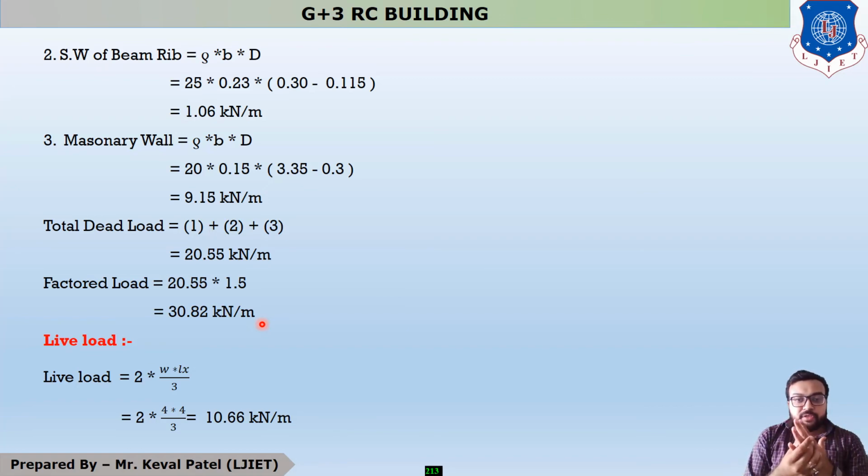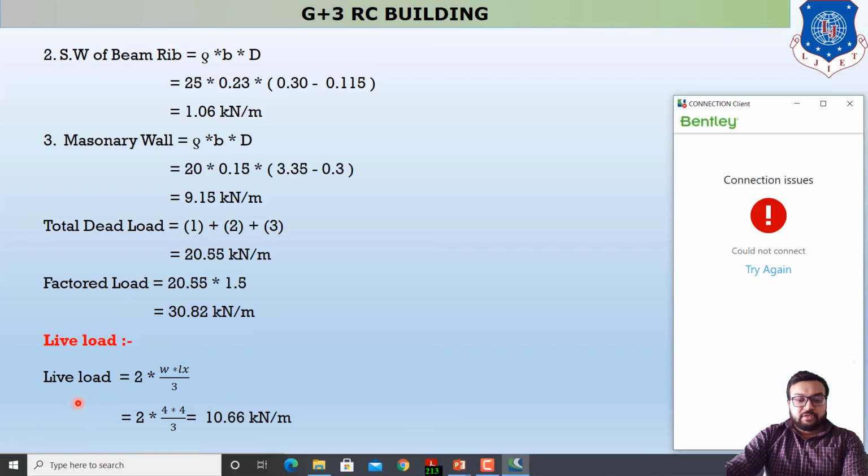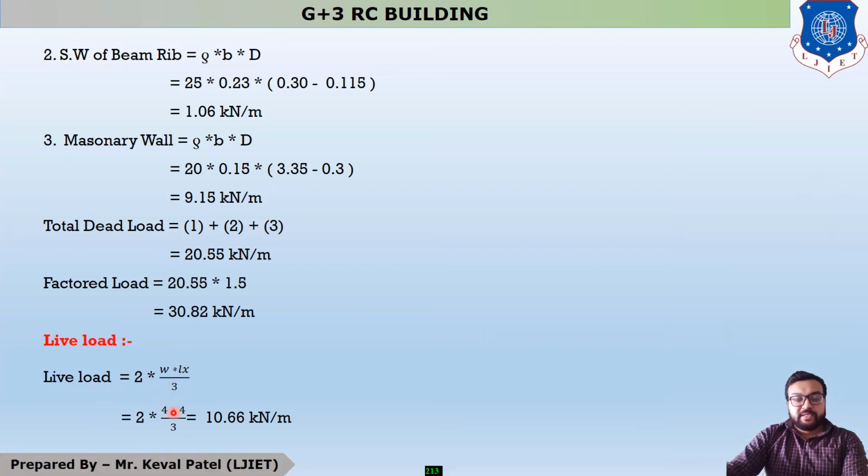Now, after the dead load calculation, we are moving further to the live load calculation, in which the pattern of live load remains the same as dead load, because the beam B19 takes the triangle loads from both directions. So the live load is equal to 2 into W into Lx by 3.